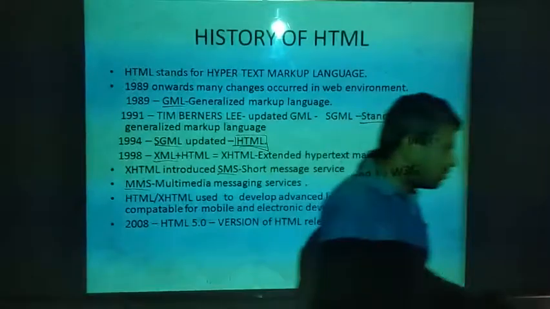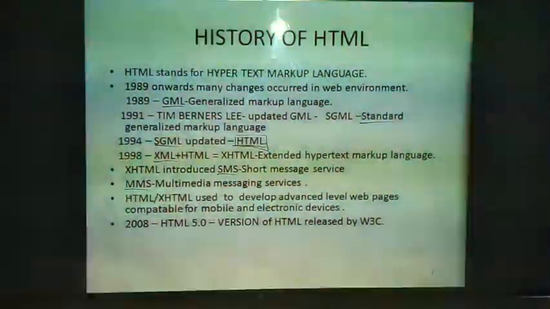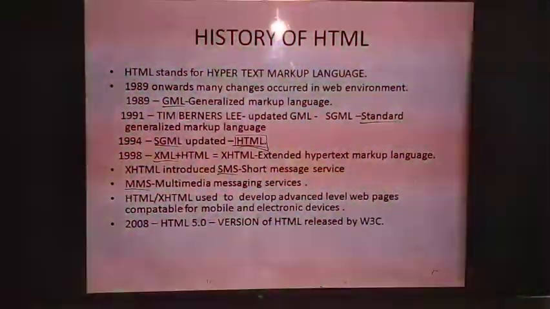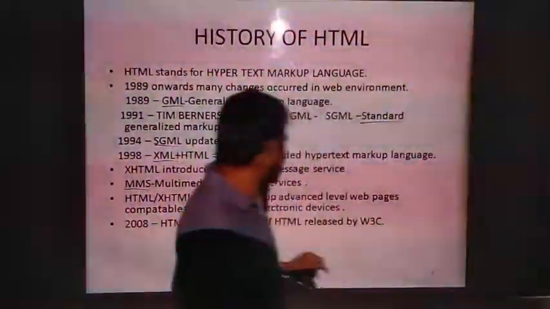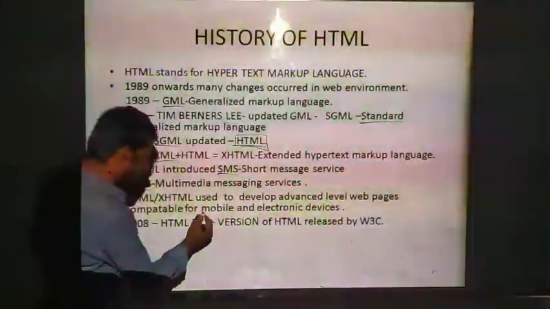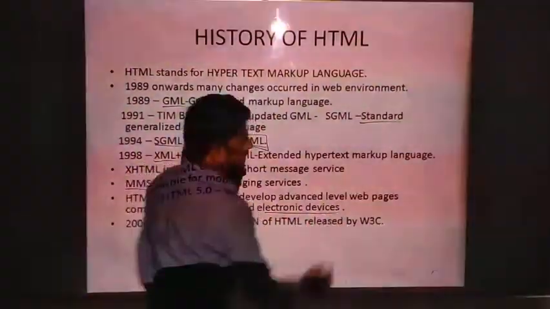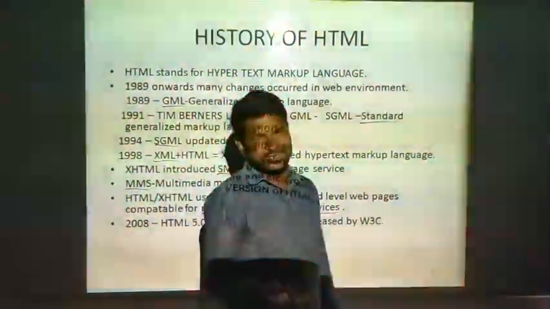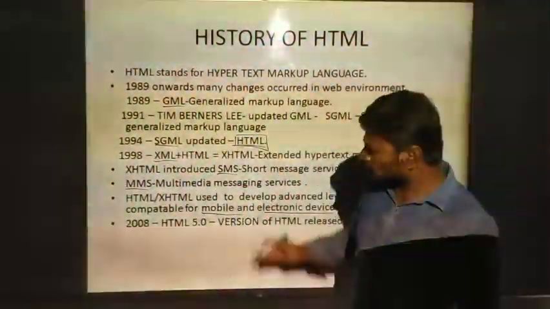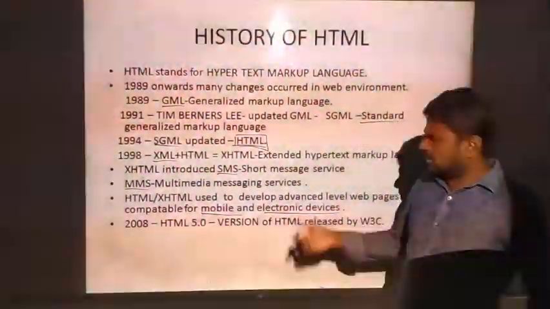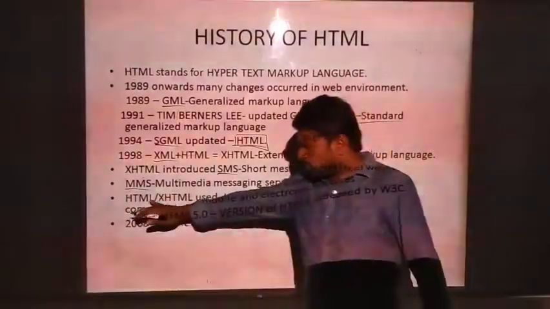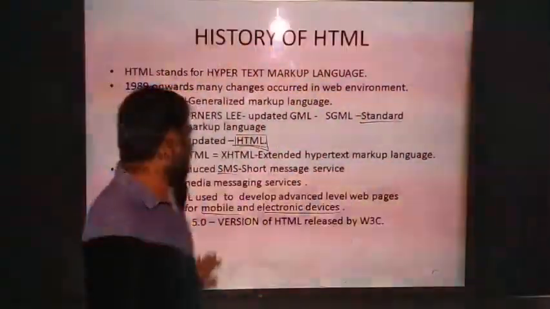Advanced means having all the new features of web pages for mobile and electronic devices like tablets, small devices. So web pages can be opened in smartphones and tablets by the XHTML language.